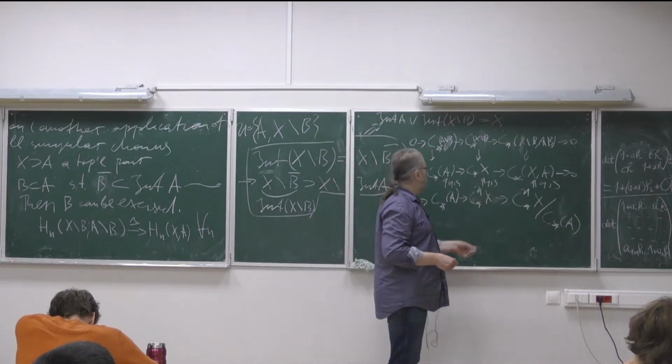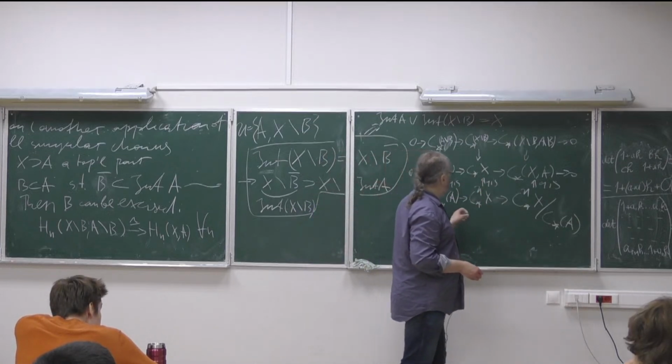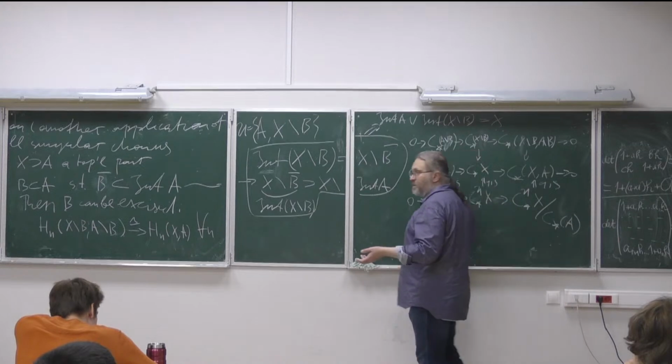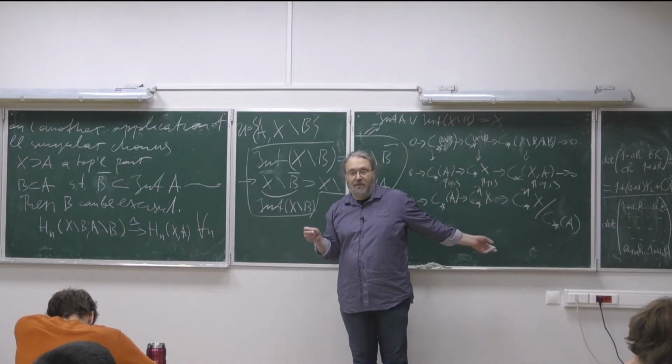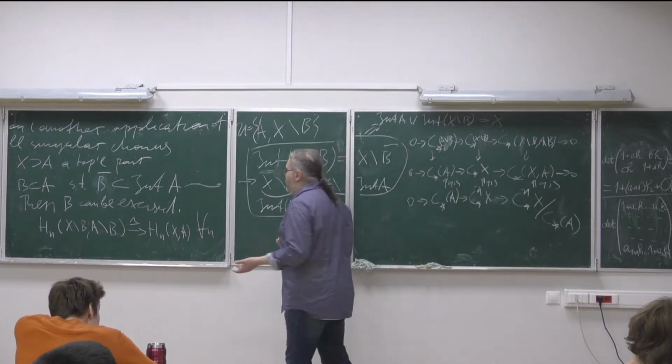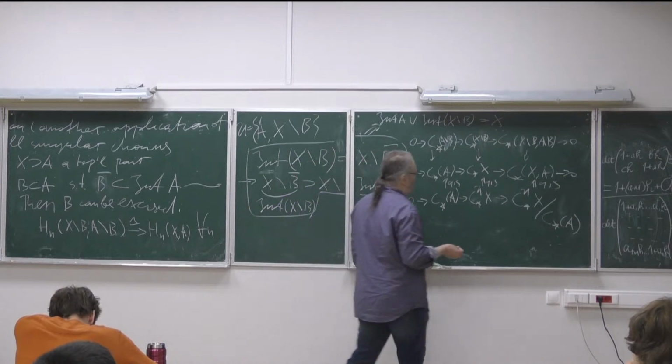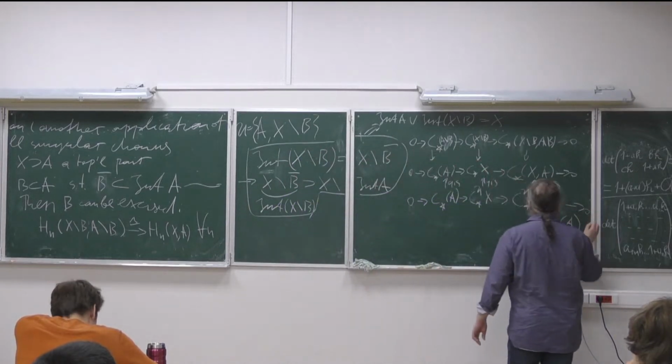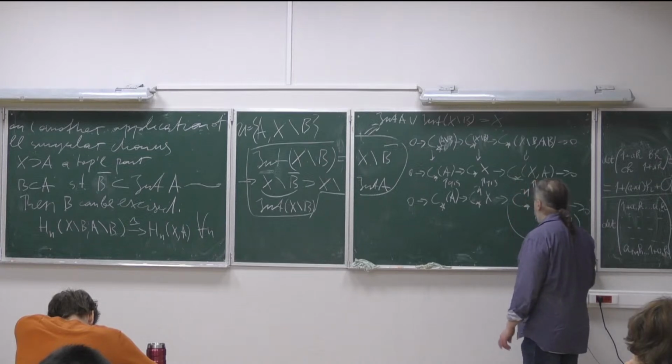We have C^U of X, which contains C of A. What's the quotient? Let's see.